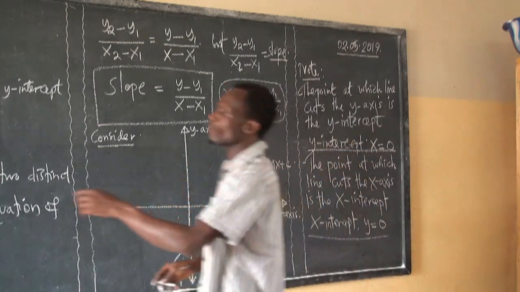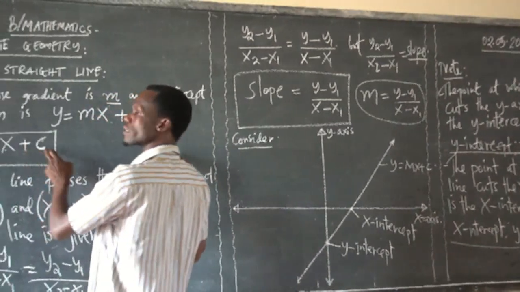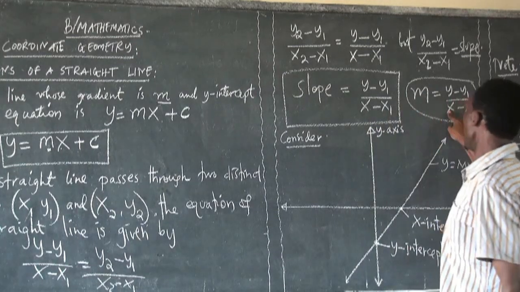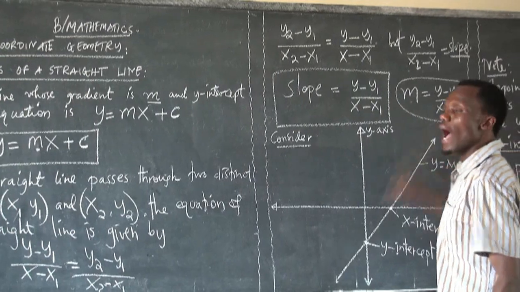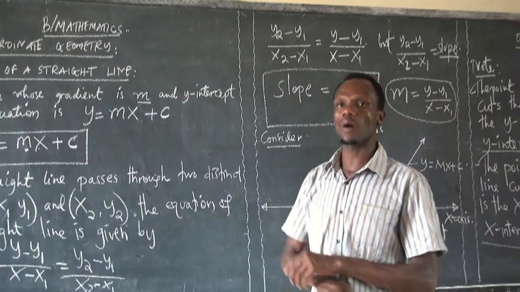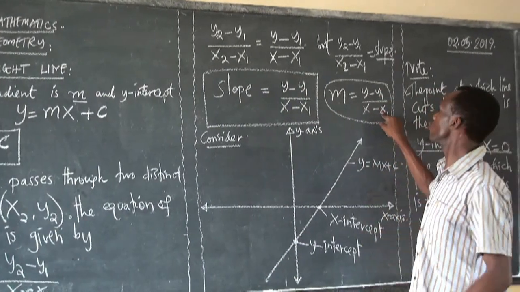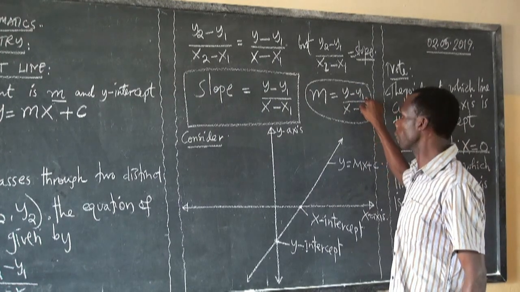We have said that an equation is written in this form: y is equal to mx plus c. But y is here, x is here, and m is here. But this y1 and x1 are the points that have been given in your question. So automatically this and this will go out because we will substitute the definite values that are supposed to be here. You got my point?